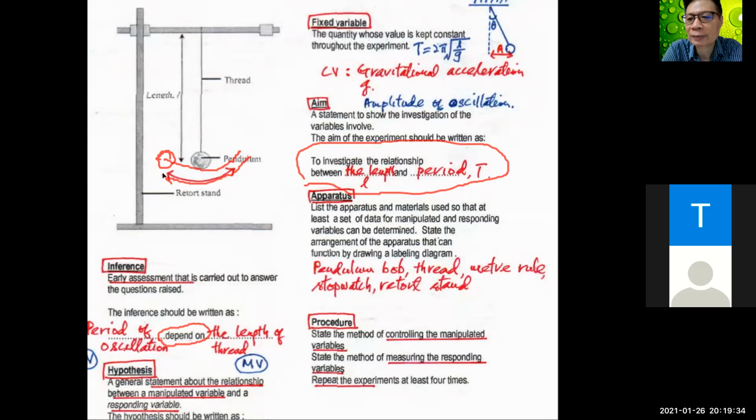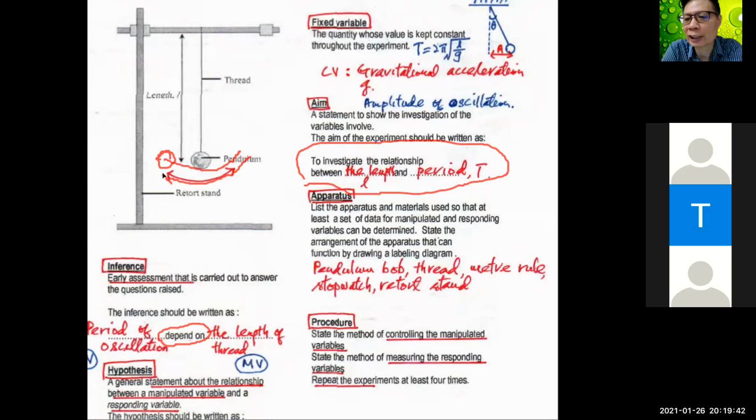Celestine, can you come up please? 可以出来吗? Celestine, I ask you, you are using a stopwatch. Can you measure the time for one oscillation? 量得到吗? How do you measure?